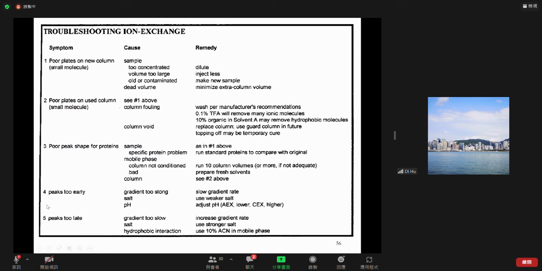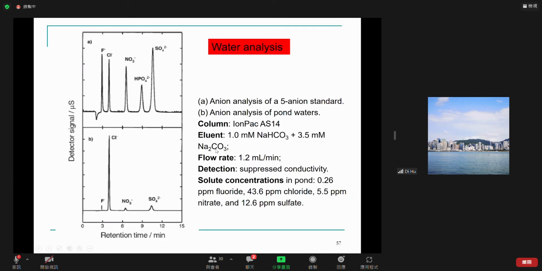But this is used more when you are analyzing inorganic and organic ions together, because some organic ions, if using ACN, can come out faster. Anyway, you'll run a gradient, right? Now we're going to see some samples as a wrapping up of this chapter.